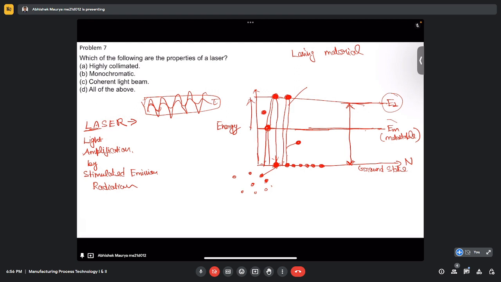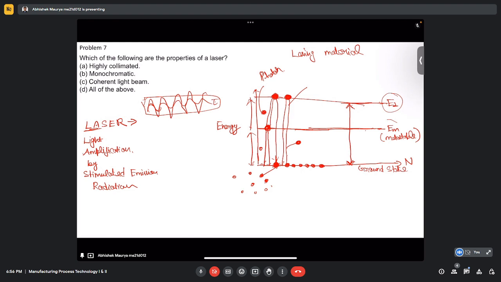And when it falls down to the ground state, again it will emit some other photon, which has the energy difference of this. This is the general process which will take place. If we do not do anything, after some time the electrons will automatically come down to the ground state.